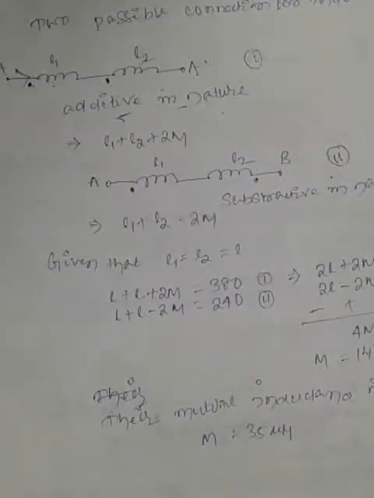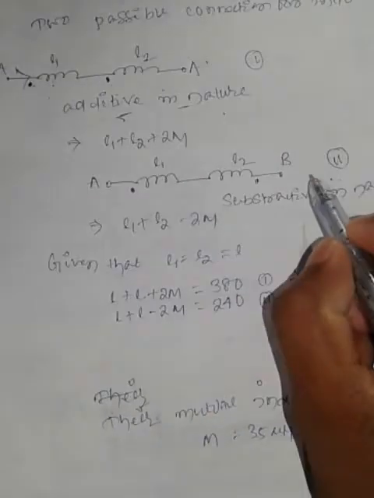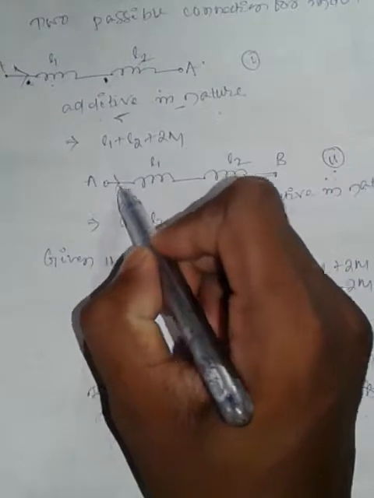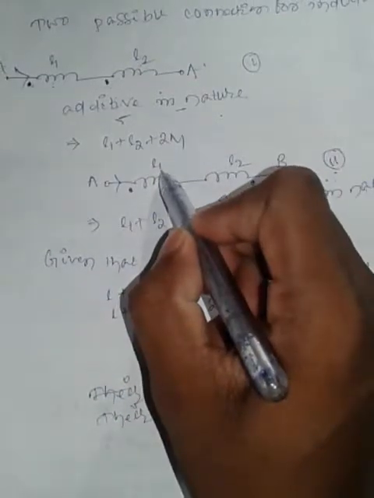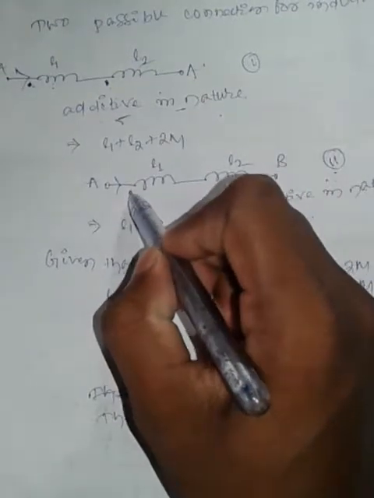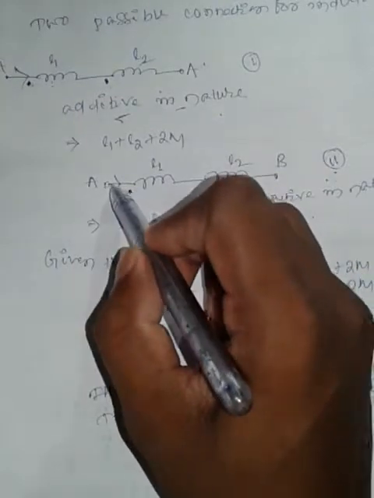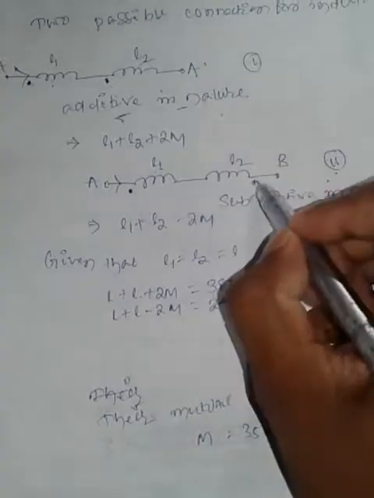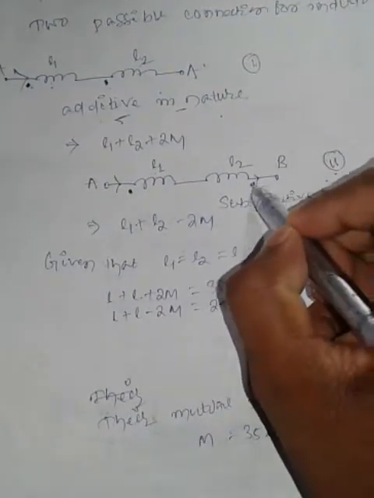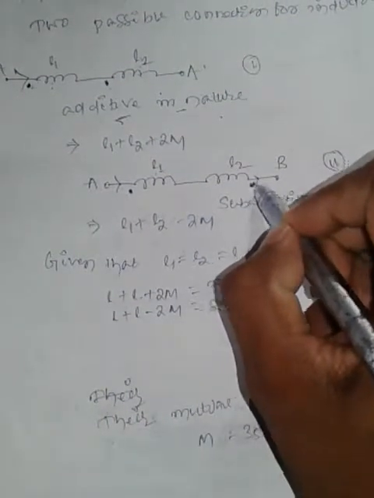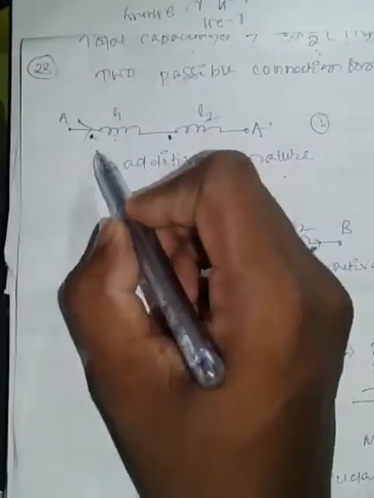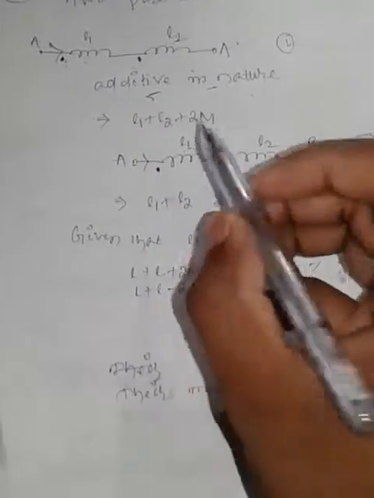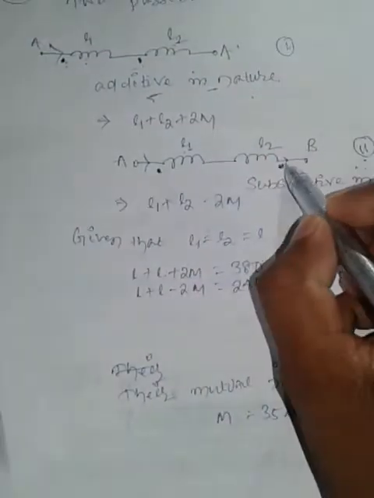And listen, see figure 2. Whenever current enters from inductor 1, at the start of inductor 1 there is a dot, but when we come to inductor 2, the dot is at the ending. In figure 1 both dots are at the start of the inductors, but in figure 2 one dot is at the start and the other dot is at the end.